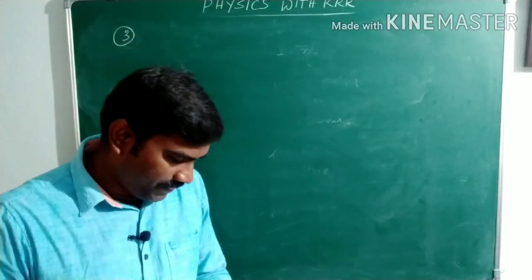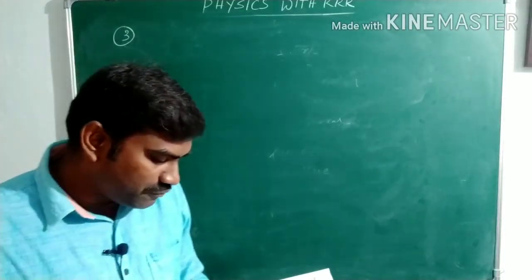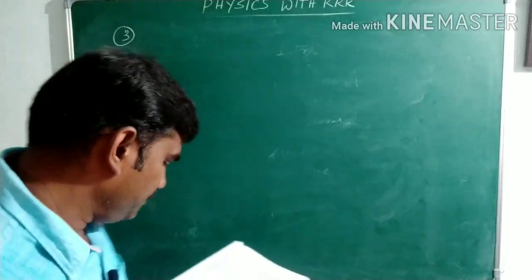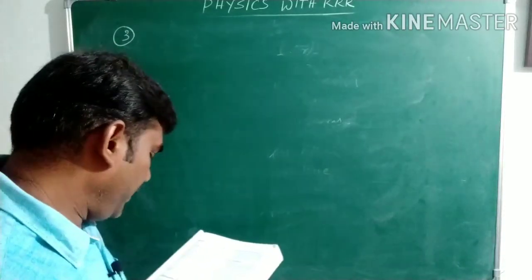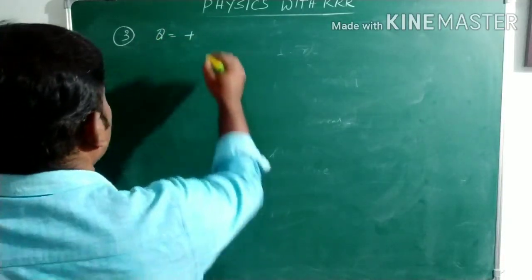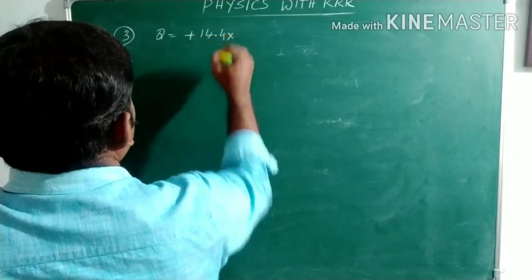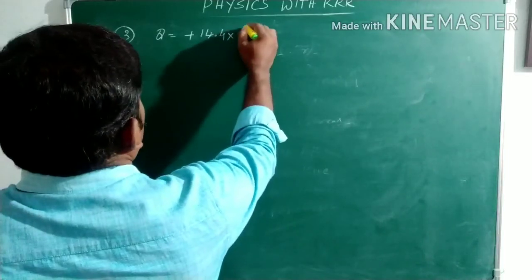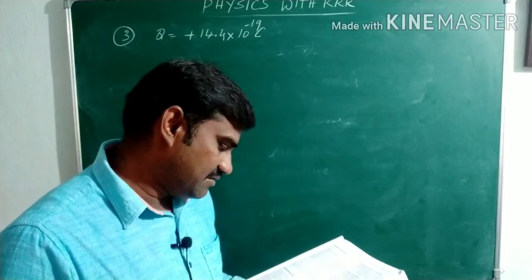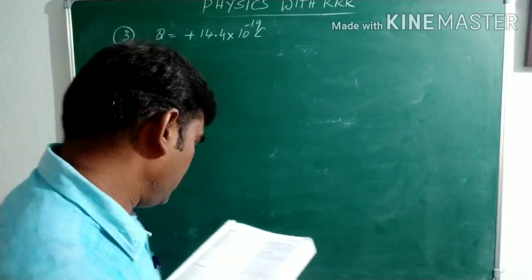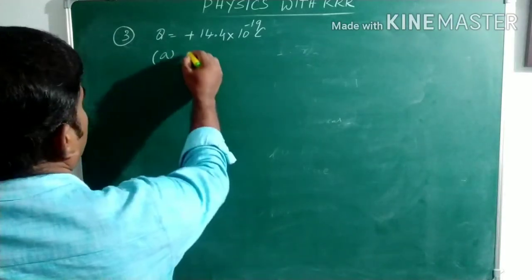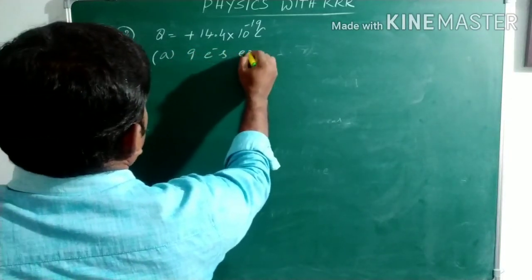Next question. A conductor has 14.4 into 10 power of minus 19 coulomb positive charge. Charge is given, so Q is equal to plus 14.4 into 10 power of minus 19 coulomb. The conductor has: option A, 9 electrons in excess.